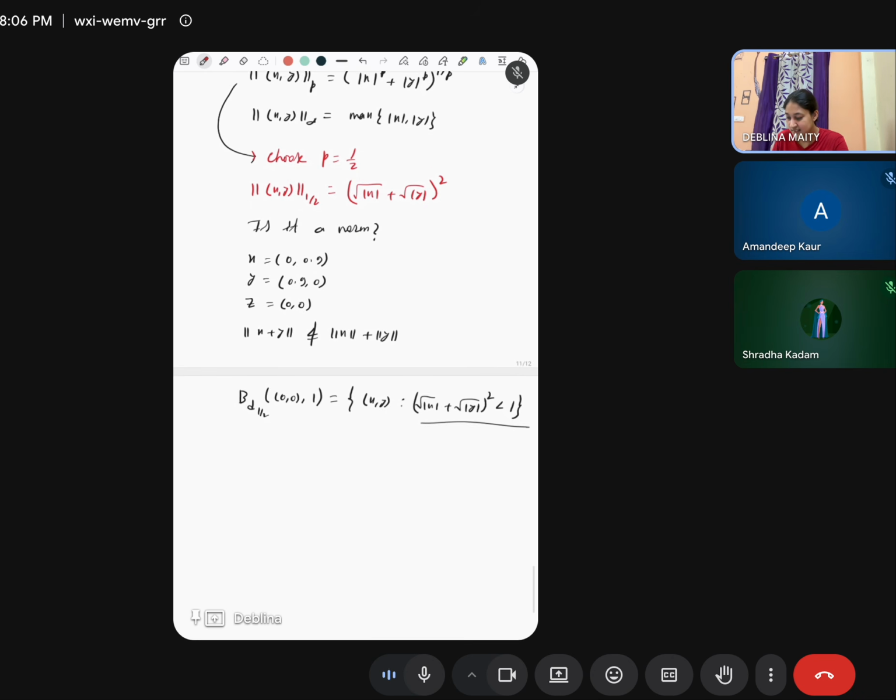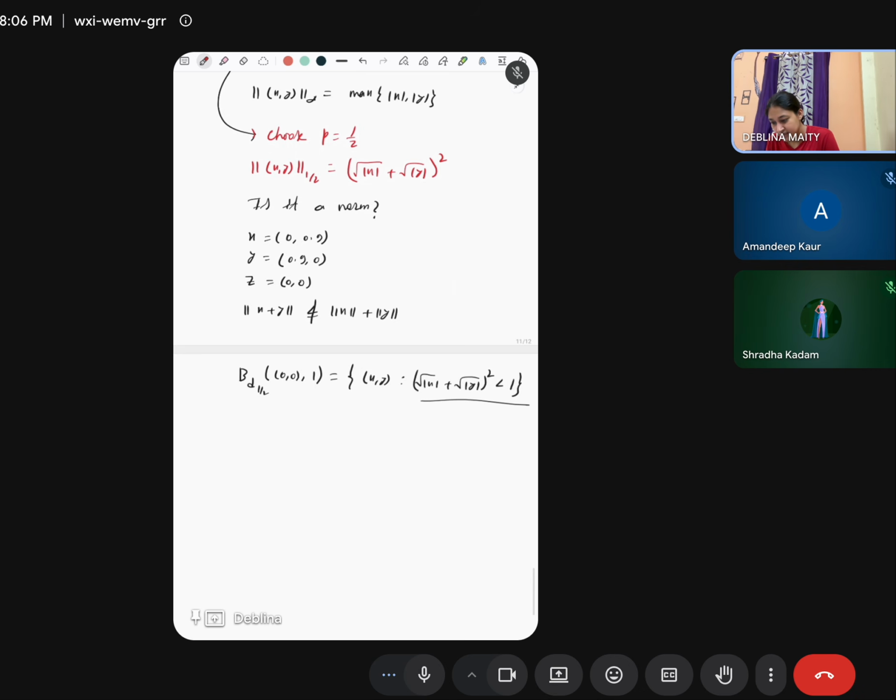So this is an exercise which says: let X be a normed space.